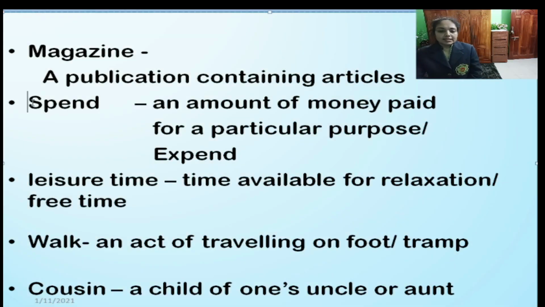Second word is spend. Spend means an amount of money paid for a particular purpose. A similar word can be expend. Leisure time, the time available for relaxation. We have already learned this word, and it can also be said as free time.